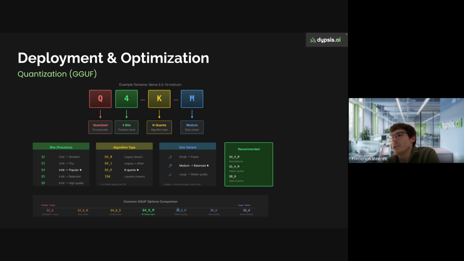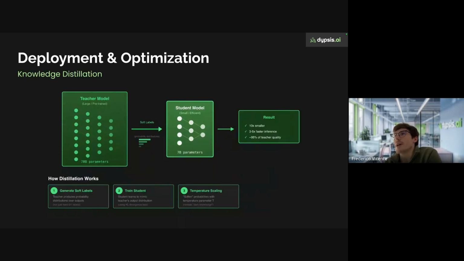Normally it's good to stay between Q4 and Q8 to still have good quality. Of course, when you are reducing the number of bits, you are reducing the size of the model, so it runs faster. It's a way to trade off some precision for speed, and finding the sweet spot is important.